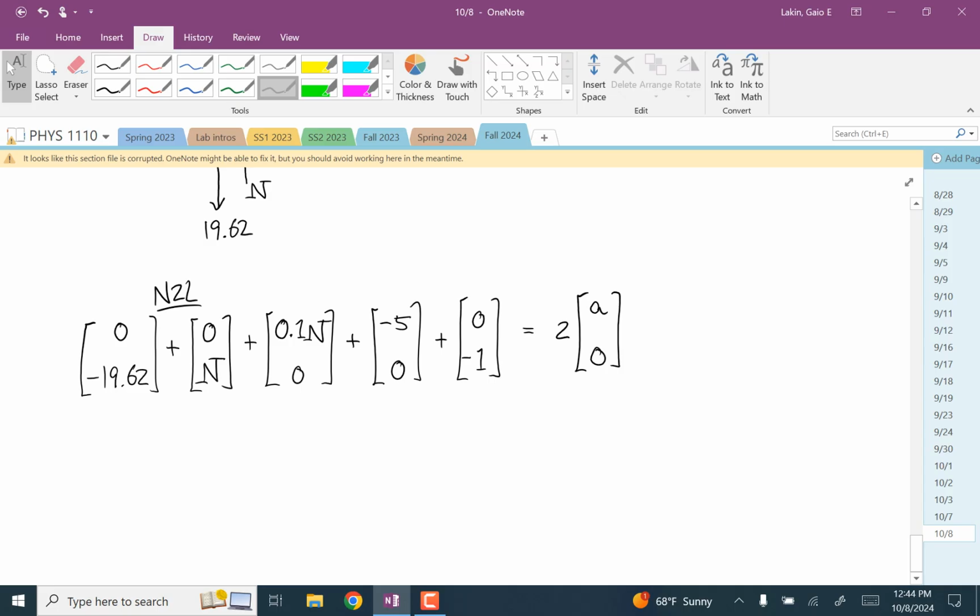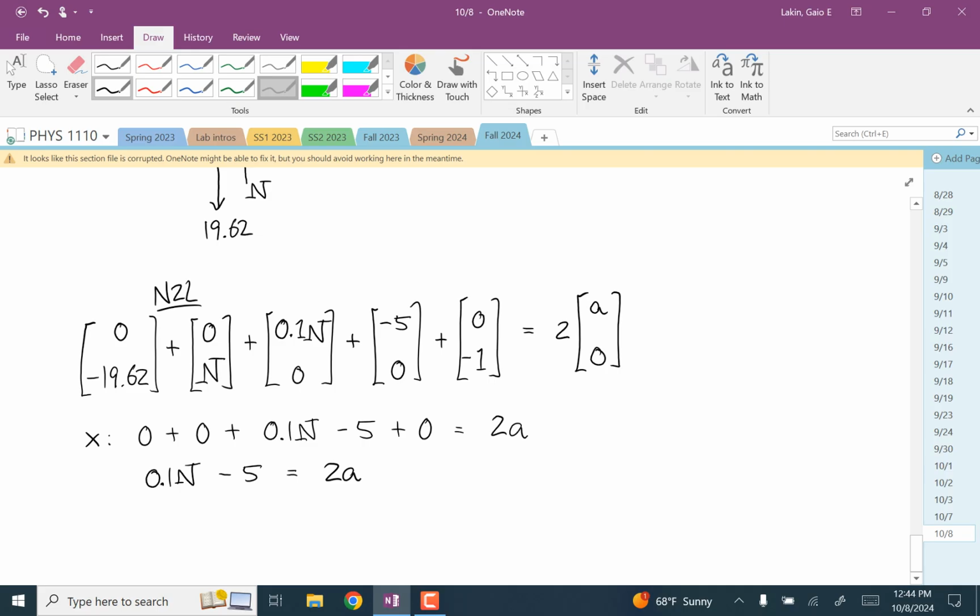Okay, so how are we going to solve this? Well, we have an x equation that says 0 plus 0 plus 0.1N minus 5 plus 0 is equal to 2a. Or if we simplify this, it says 0.1N minus 5 is equal to 2a. Do we have to solve for N first?